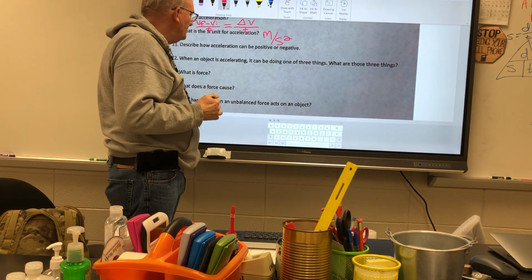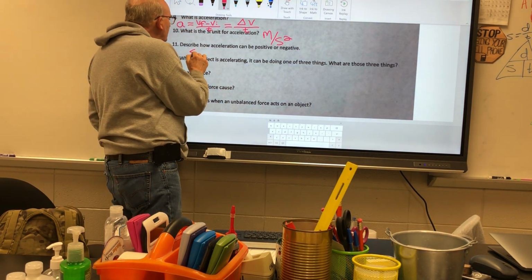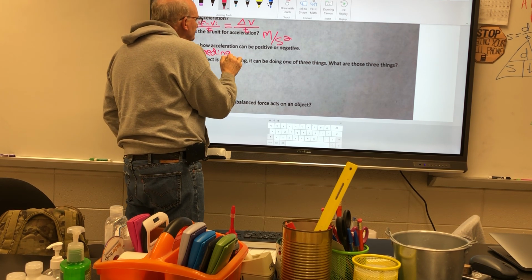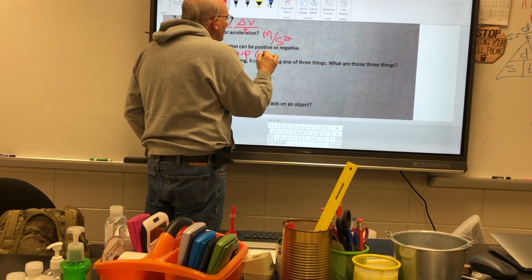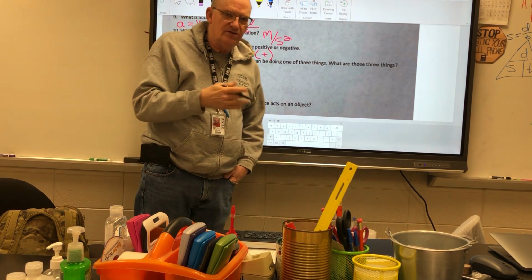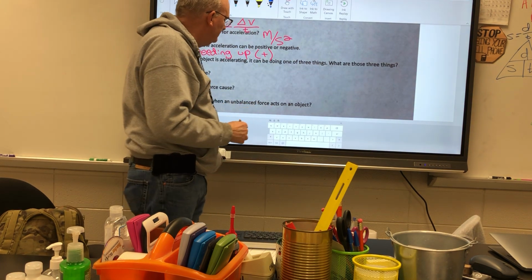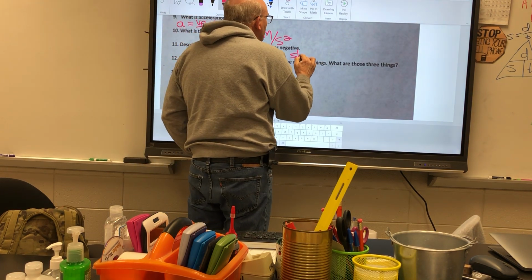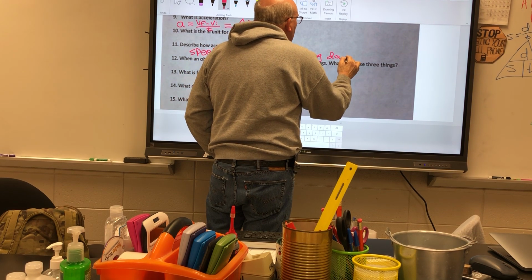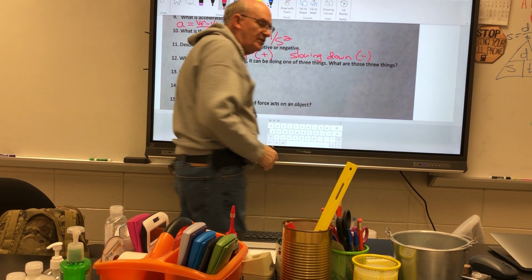Acceleration can be positive or negative. If your final velocity is higher, you are speeding up, and your acceleration is positive. If your final velocity is lower, you are slowing down, and that means your acceleration is negative.